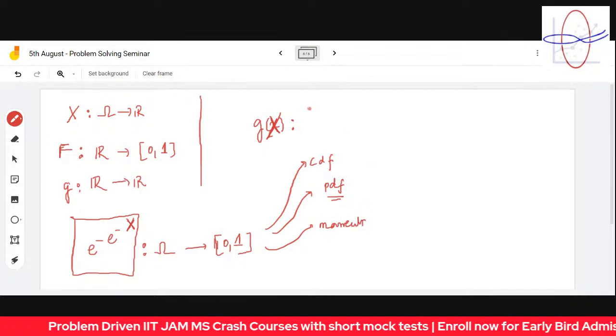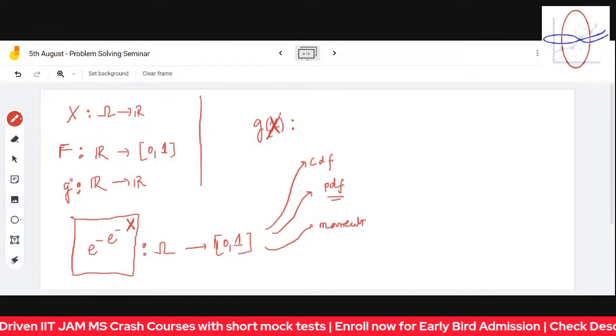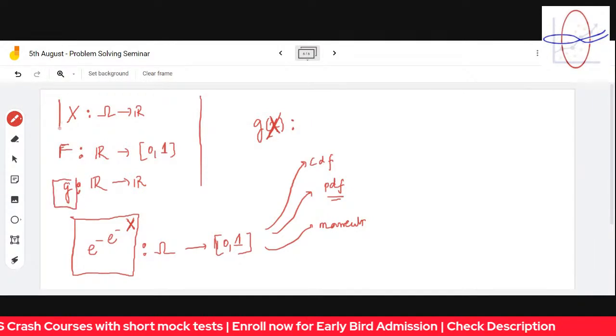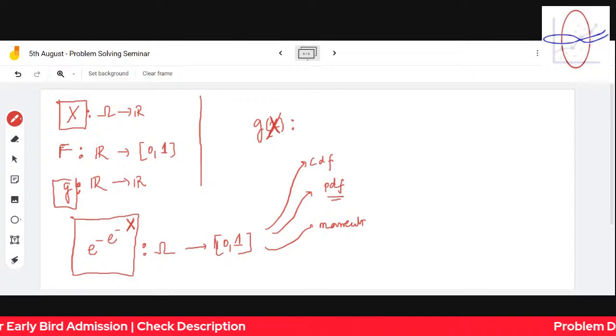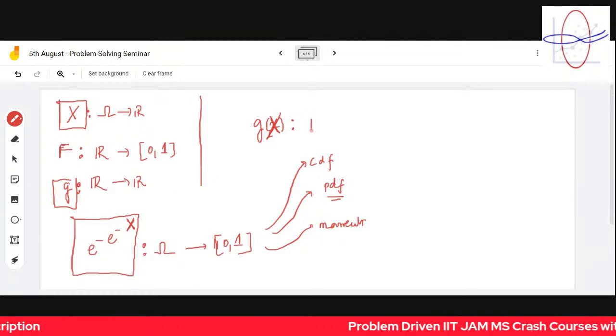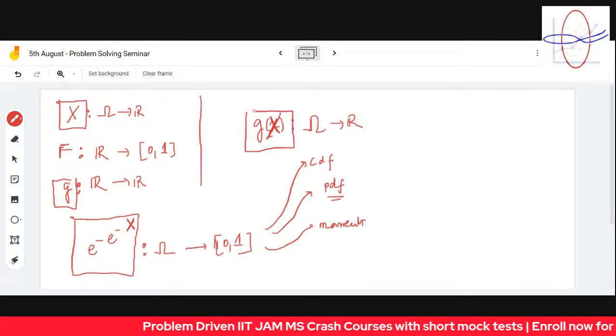So the question is that, given any function from real to real and a random variable x from the sample space to R, we are forming a new random variable g of capital X, which is a function from the sample space to R. So how will this behave if we know the behavior of x?